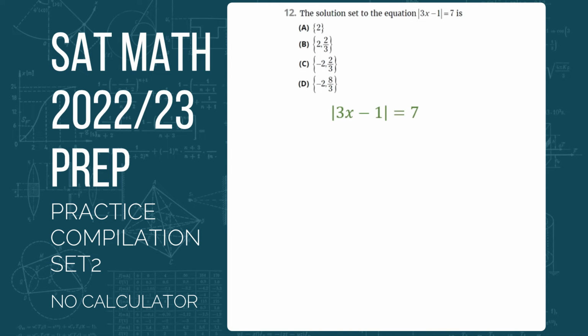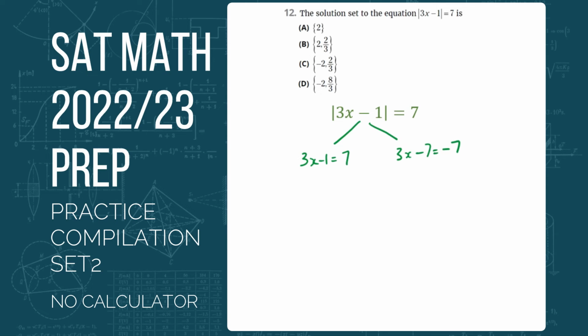The solution set to the equation, the absolute value of 3x minus 1 is equal to 7, is, which is your solution set. We know when we solve absolutes, we get two answers. When we remove the absolute sign, we get 3x minus 1 is equal to positive 7, or 3x minus 1 is equal to negative 7.